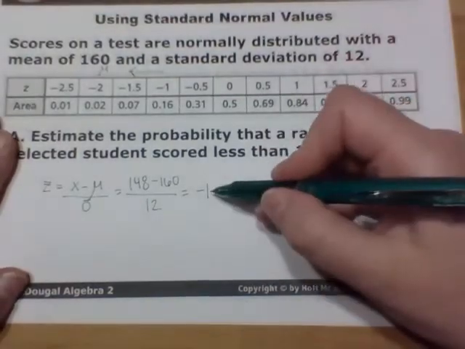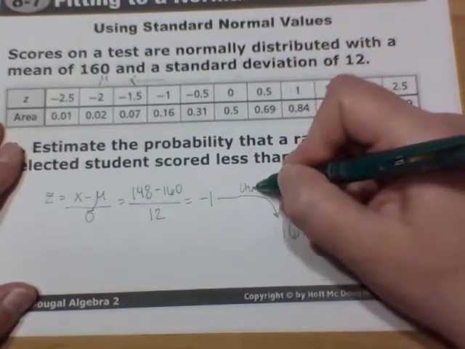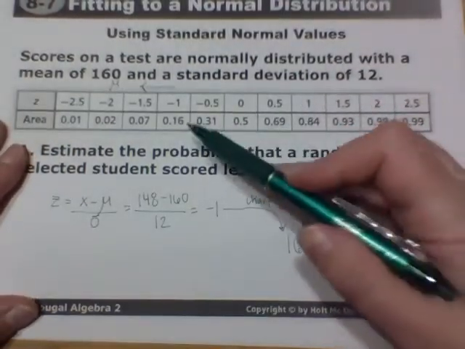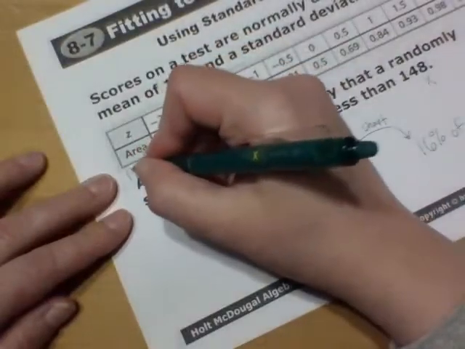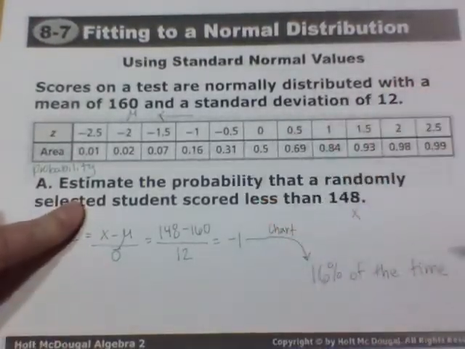And again, that is because -1 on the chart becomes 0.16. And so 0.16 represents the area, which represents the probability. And so therefore, we are saying 16%.